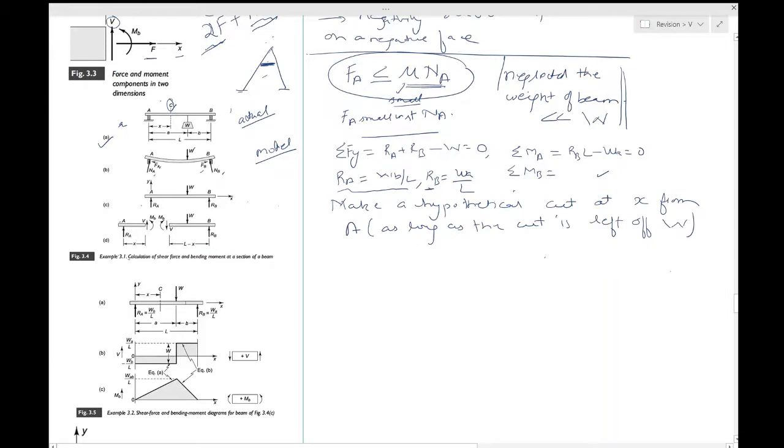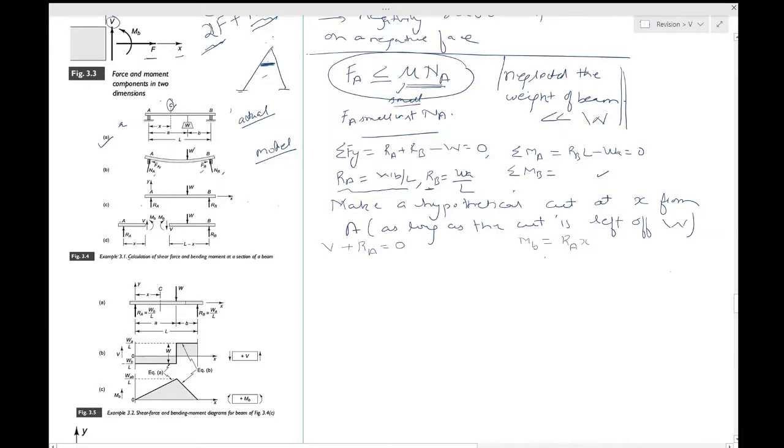Now the part after this is quite simple. For this part you have to balance the forces in the x direction. That would make it V plus Ra is equal to 0, and then you would also have the moment balance. That would be Mb is equal to Ra x.